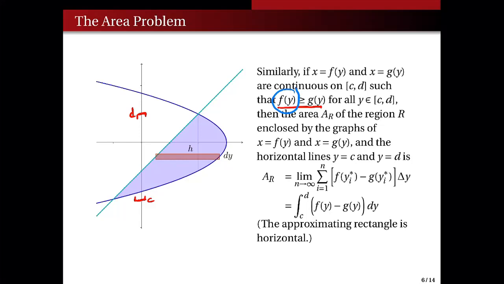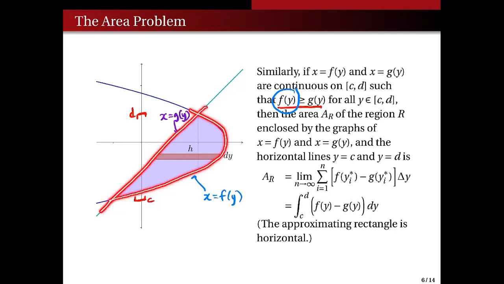In the drawing, this is your x equals f of y, whereas this is your x equals g of y. As you can see in this illustration, f is always on the right of g of y. So the function x equals f of y is always on the right of the function x equals g of y.